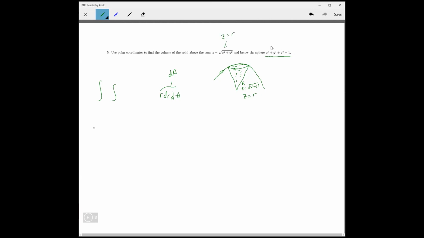Okay, the sphere, if you solve for z squared, you have z squared is 1 minus r squared.